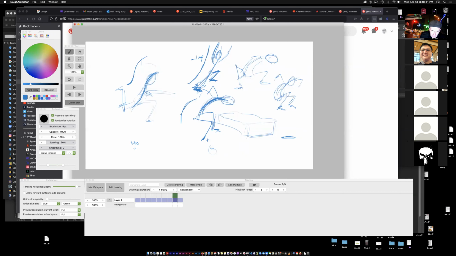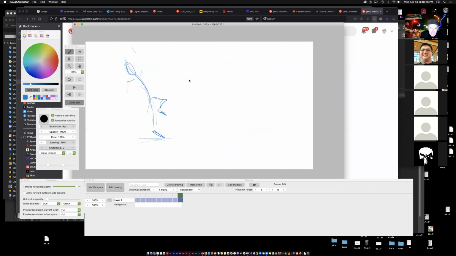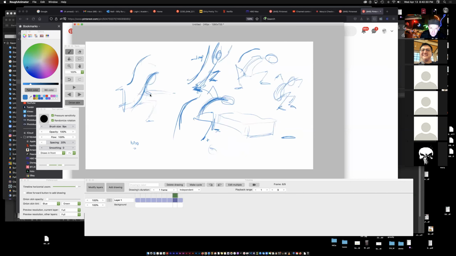The reversal of the line of action is the strongest thing that you can do in animation. So it goes from an S shape to a C shape to a backward C shape, and then to a forward C shape. Then he lands, and now here it's a backward C shape.